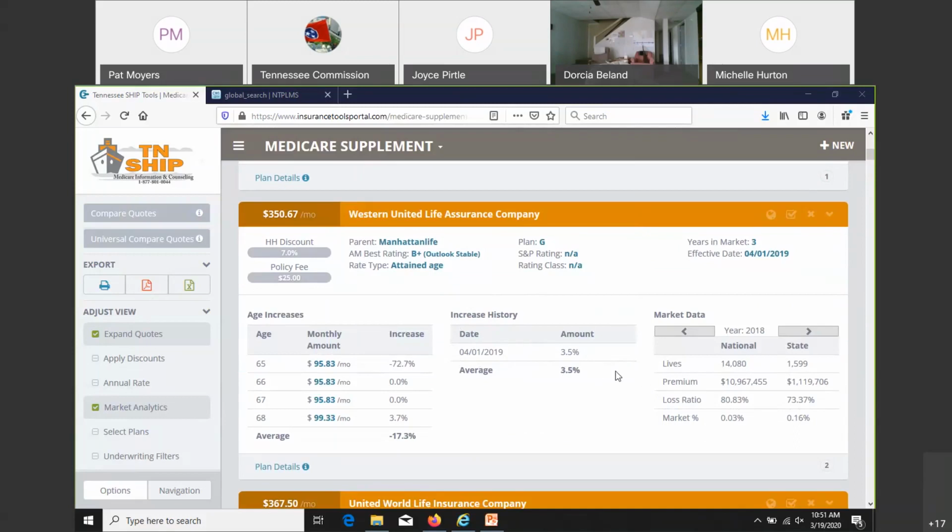This one is backed up by their actual history of what they've charged people. This is an estimate based on their history of how much that plan should increase over the course of the next few years of aging. So this is an estimate right here. However, at least in my experience, I've had no indication that these estimates were not pretty accurate.